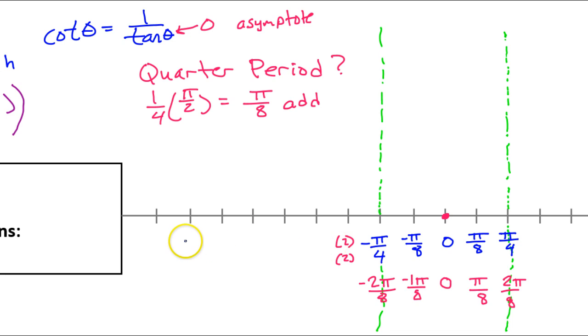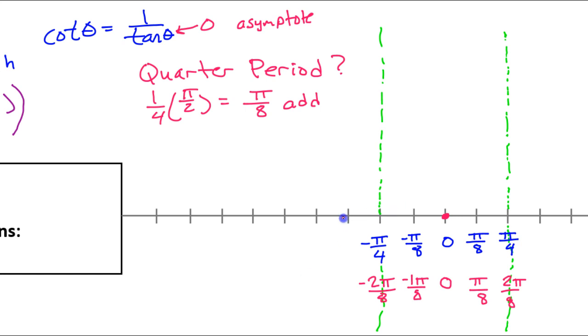We are going to need 2 periods. We always do 2 periods when we have the tangent or cotangent. So I'm going to keep going to the left with my counting and find more values. Let me just erase this because it's a little bit in my way. I was adding pi over 8 as I went to the right, so as I go to the left, I'm going to subtract pi over 8.